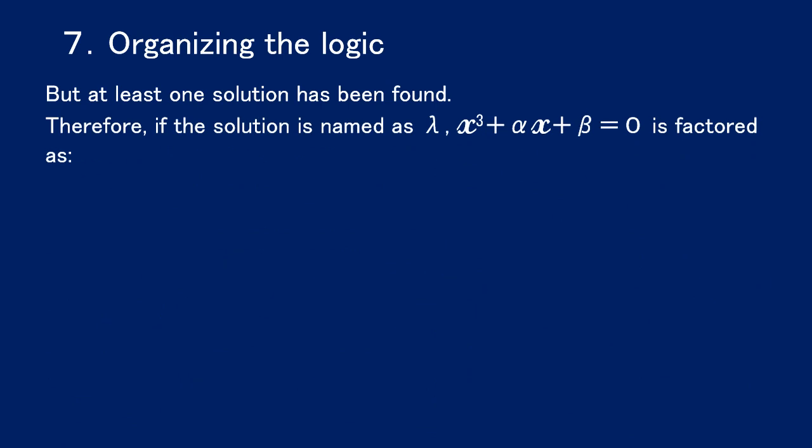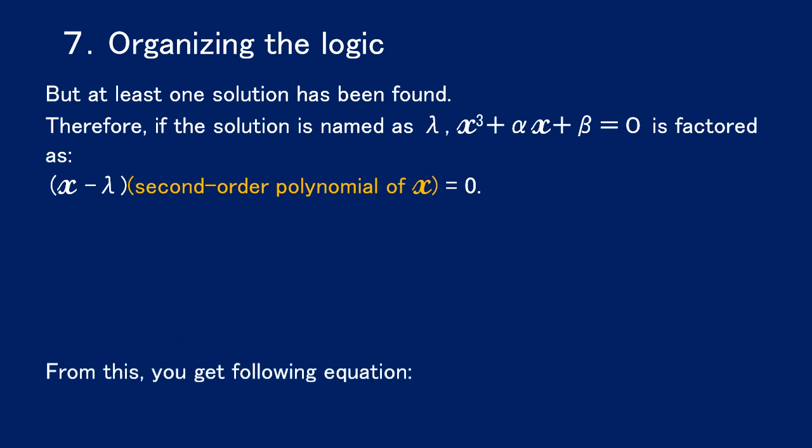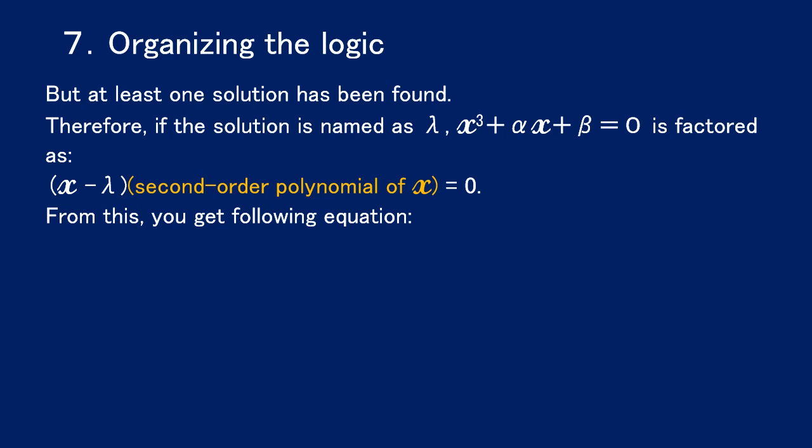Therefore, if the solution is named lambda, x cubed plus alpha x plus beta equals 0 is factored as (x minus lambda) times a second order polynomial of x equals 0. From this, you get the following equation: the second order polynomial of x equals 0.